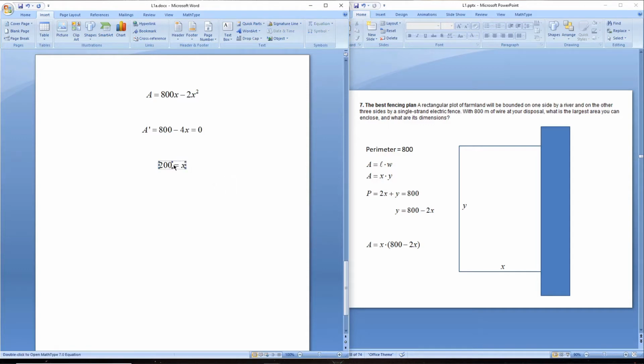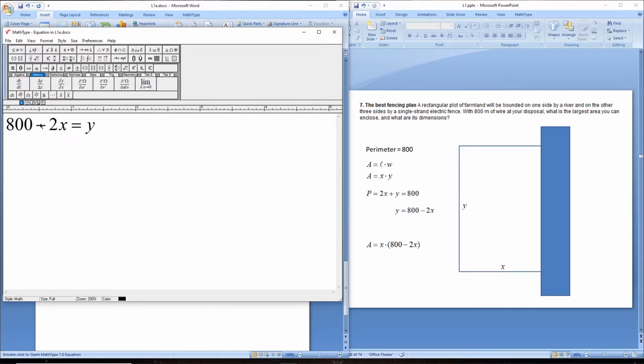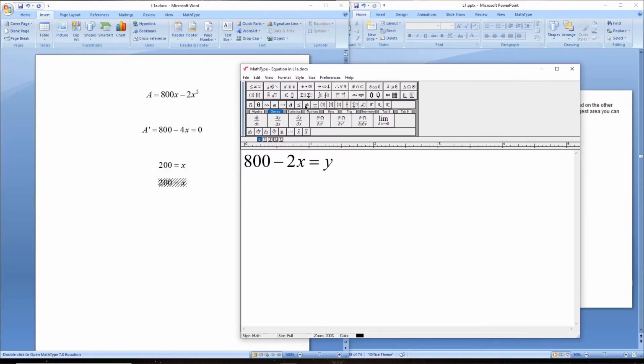And if x is 200, we can see what y is. It's 800 minus 2x. And we know what x is. It's 200. So that'd make this 400 here to get us our final answer for y.